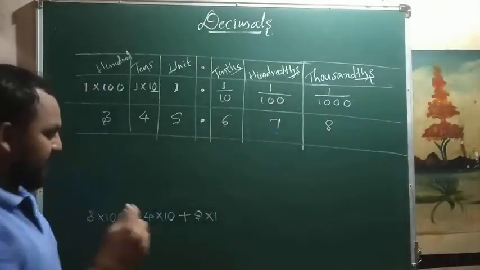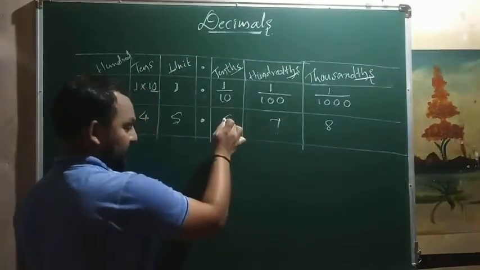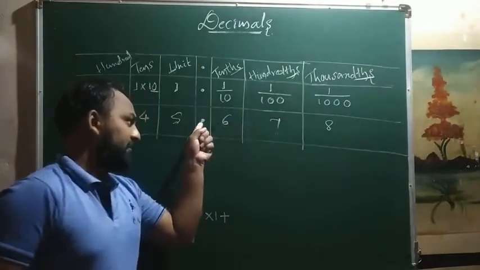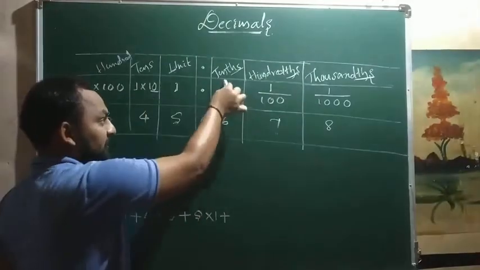1. The next place is 6, which is after the decimal point.